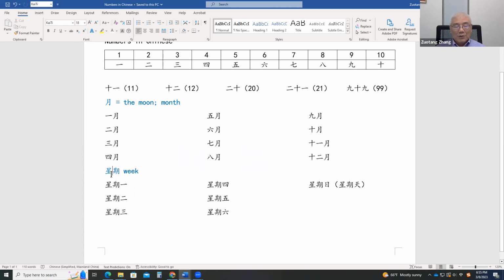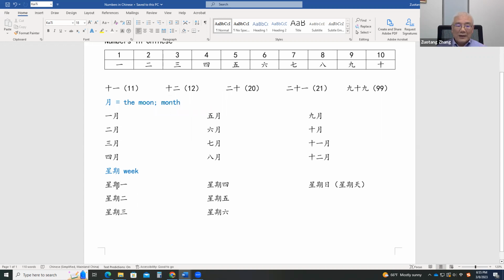So periodicals of stars or planets, and therefore a week. Actually, you have the sun, the moon, and the 5 planets. Altogether, you make 7 days in a week.